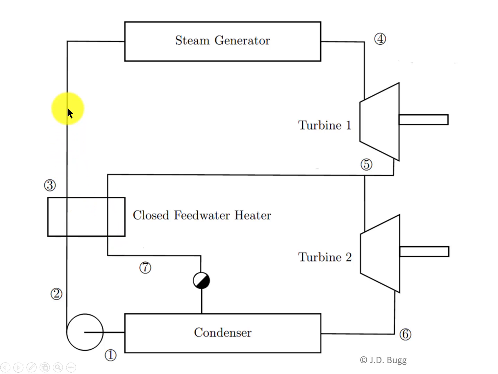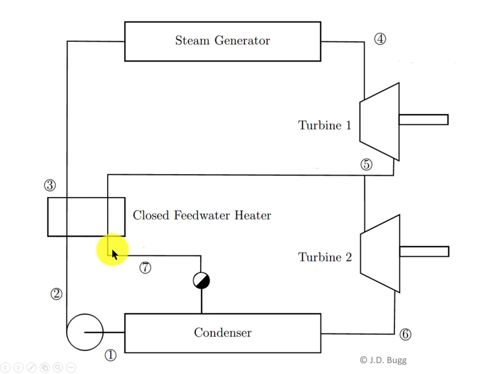After being preheated, the feedwater continues up and goes into the steam generator, where it comes out as superheated steam. Then it goes through the first turbine, and a small portion is extracted for the feedwater heater. This extracted steam goes through the feedwater heater and a lot of heat transfers from it into the feedwater.